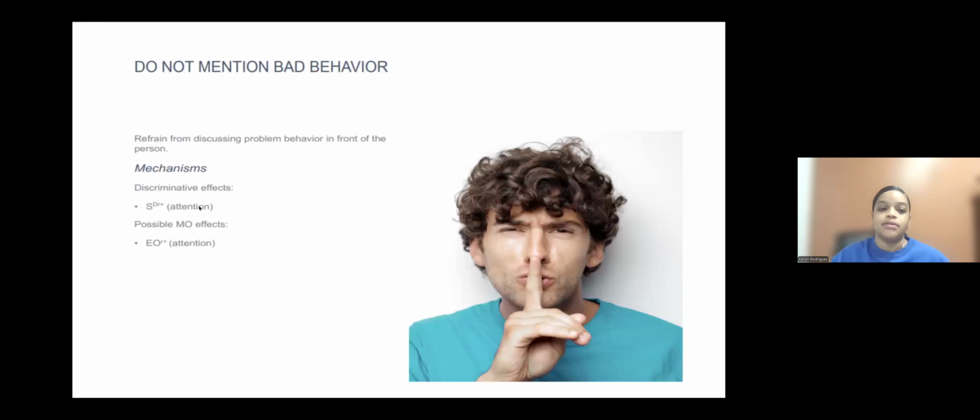And I want to add too, it's not just mentioning bad behavior, but mentioning anything that could be triggering to that client or their family members. Just being cautious, and that's emphasizing the importance of reading the ISPs before you work with your VIPs. Reading the behavioral plans if they have any beforehand, FBAs, doing FBA interviews.